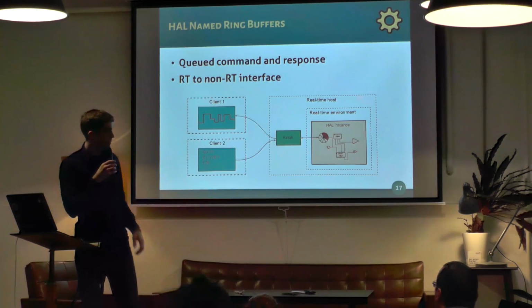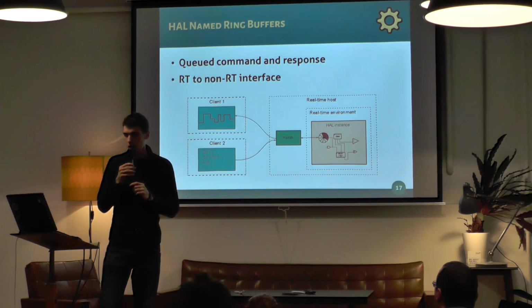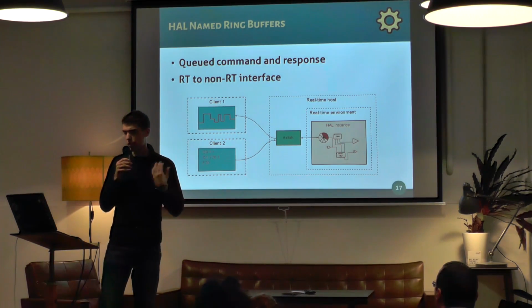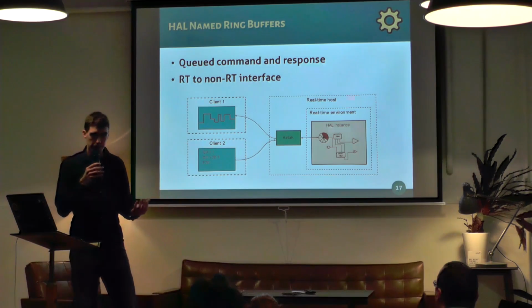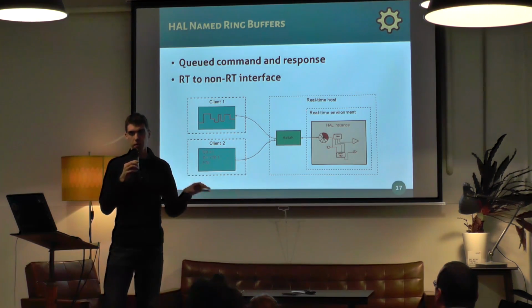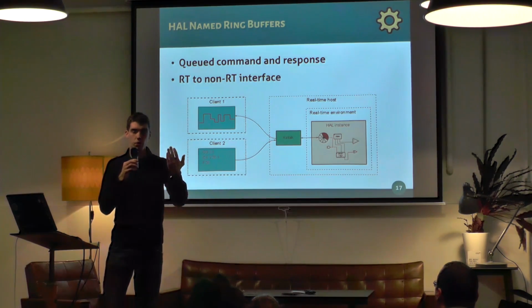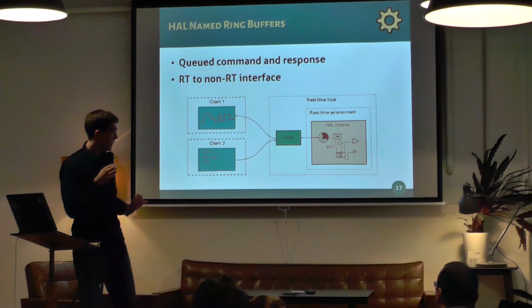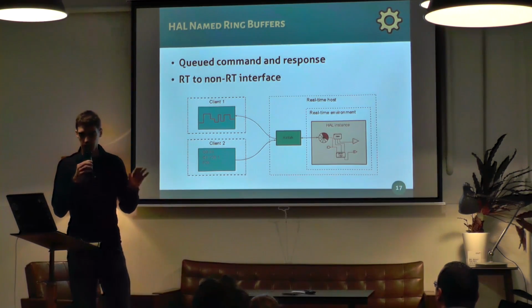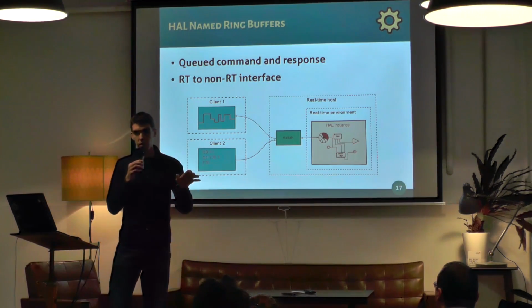Furthermore, we have named ring buffers. This is a bit more complicated. In a real-time environment, things happen in real time, but in a non-real-time environment, you also may want to get data into the real-time environment and from the real-time environment in sequential order. For this purpose, these ring buffers exist.